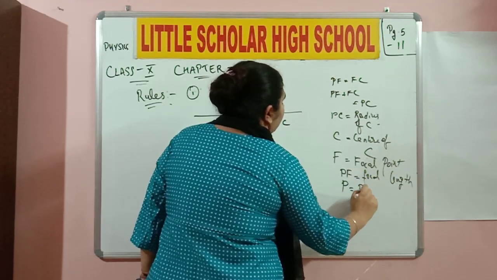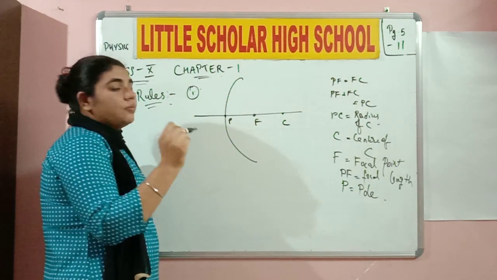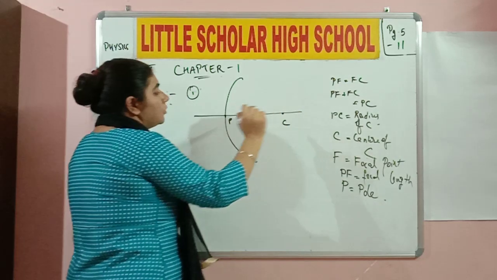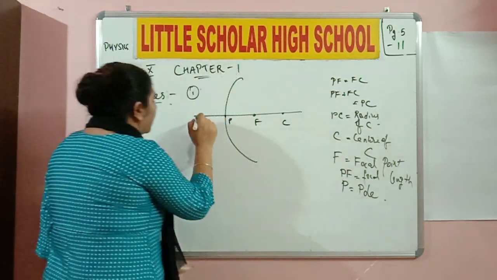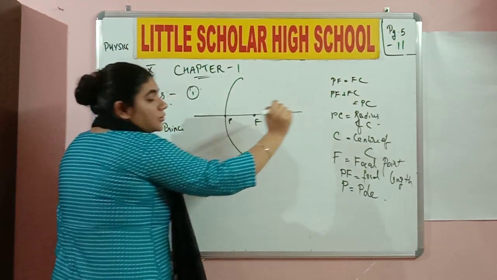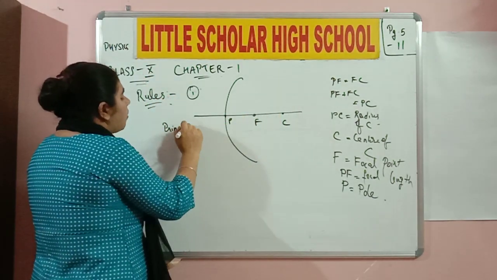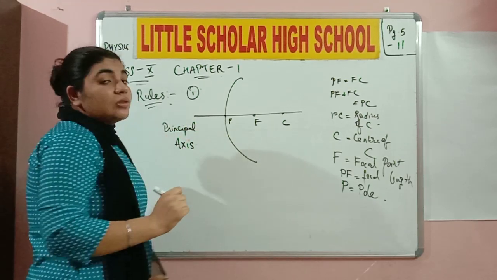P is the pole of the concave mirror, which is nothing but the midpoint of the concave mirror, and there is a line passing through the midpoint. What is the line called? It is called the principal axis. I'll write it over here. The line passing through the midpoint of the concave mirror is called the principal axis. So, coming to the rules now.